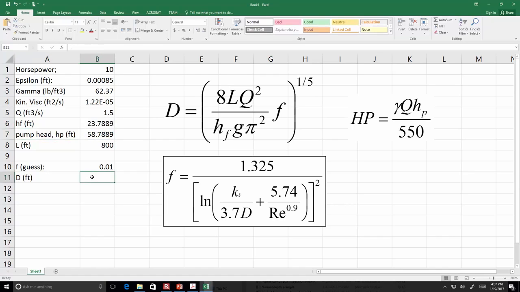All right. 8 times the length times the flow rate squared divided by H sub F divided by G, so 32.2 for traditional units, divided by pi squared.